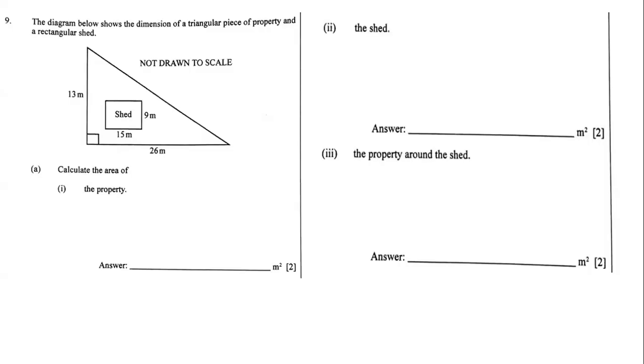Nikel, can you read the question for me, please? Which question, Mr. Petit? What I have on the screen. The diagram below shows the dimension of a triangular piece of property and a rectangular shed.